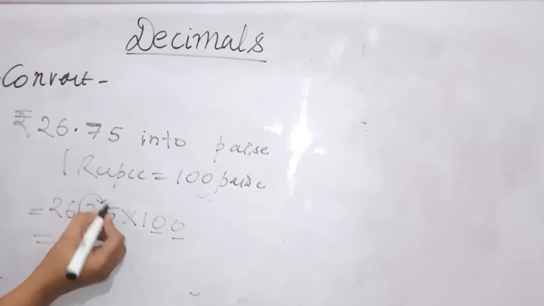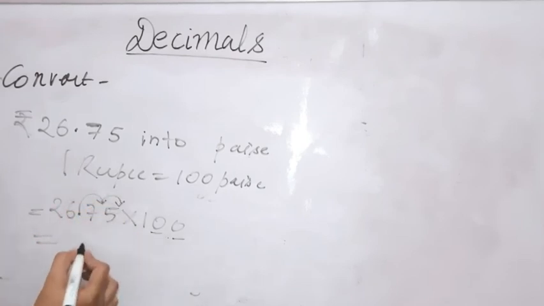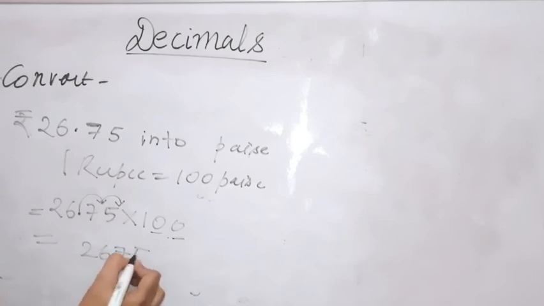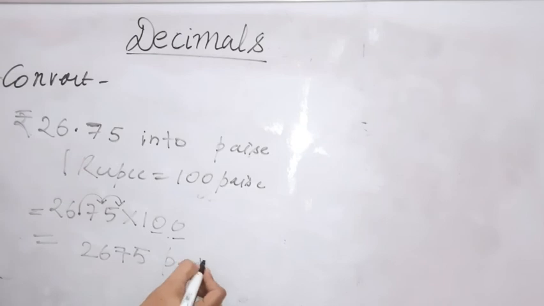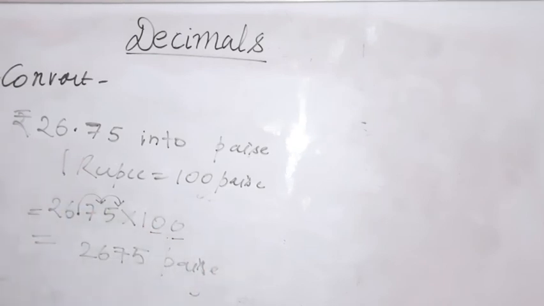Since there are 2 zeros, the decimal point will be shifted 2 steps right. So it will be 2675 paise. Okay students, I hope you must have understood this also.